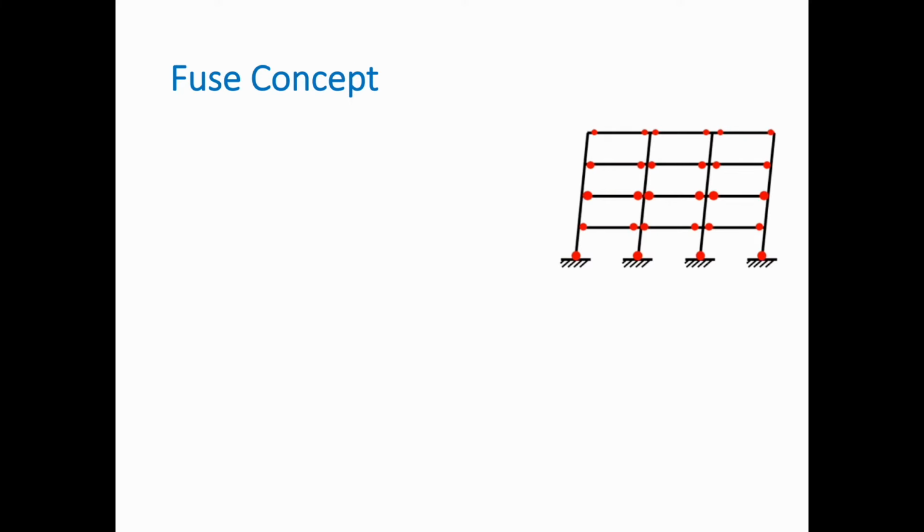So the last slide before I move on to the braced frame systems is the fuse concept, as we kind of mentioned before. The fuse is the part where we will get this required ductility in order to distribute the ductility and dissipate some energy.